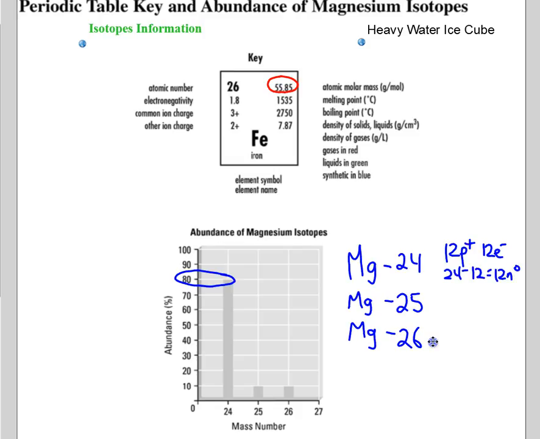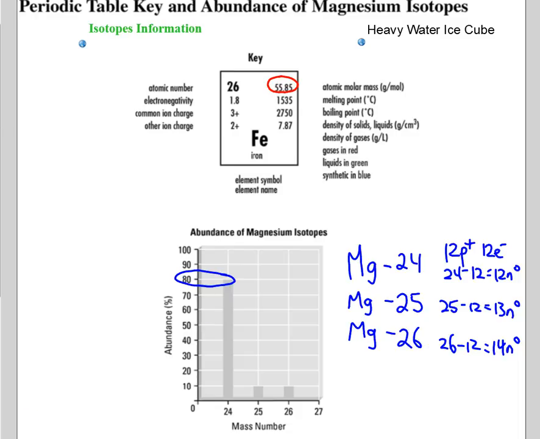About 10% each of the isotopes magnesium 25 and 26 are also part of a sample of magnesium. Those would have 13 and 14 neutrons respectively. These are heavy particles and they need to be considered in our chemistry, and chemists can separate out these different isotopes.